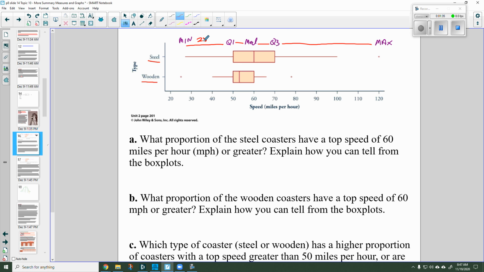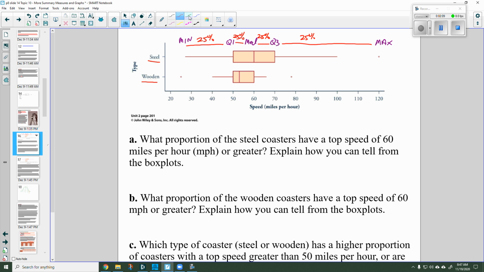So 25% of my data is in this whisker, 25% of my data is in the left box, 25% of my data is in the right box, and 25% of my data is in the right whisker and any outliers. Okay, so that's what the box plot does. It is a graphical representation of the 5-number summary.